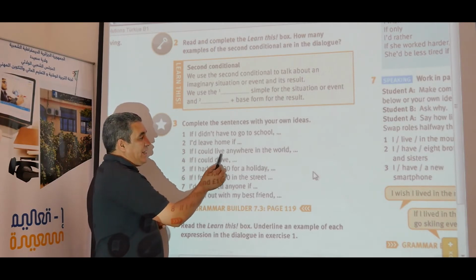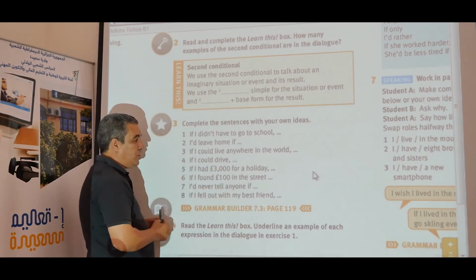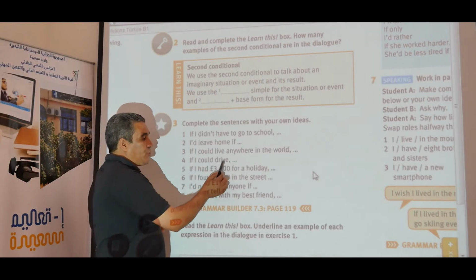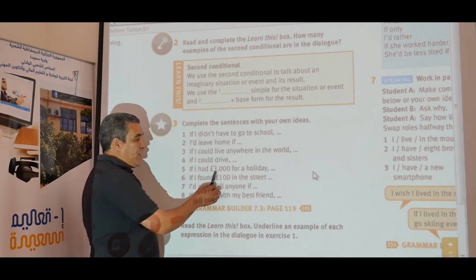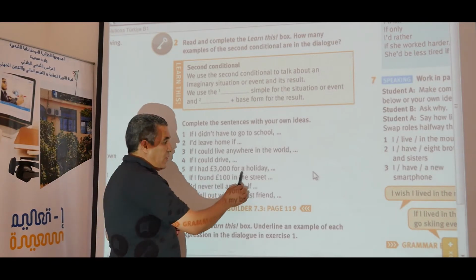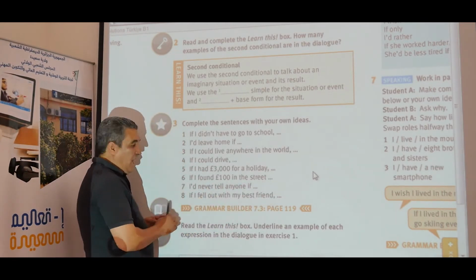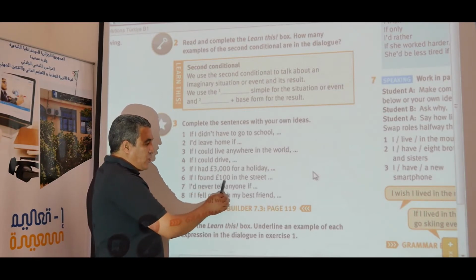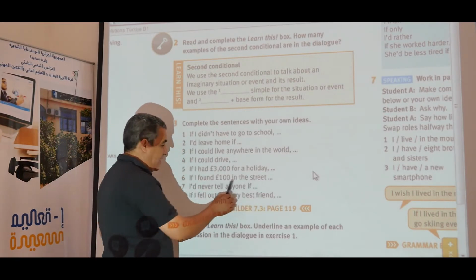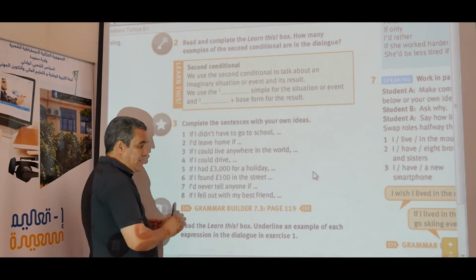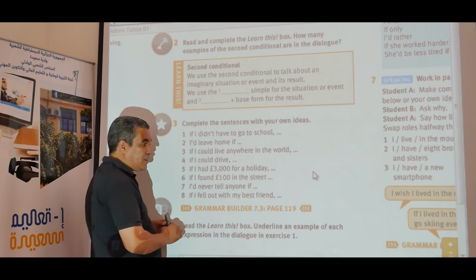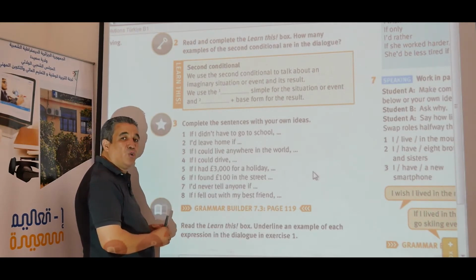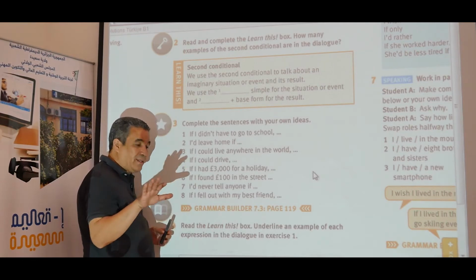If I could live anywhere in the world, if I could drive, if I had £3,000 for a holiday, if I found £100 in the street, I would go to the police station and tell them about it. That's the best thing you can do.